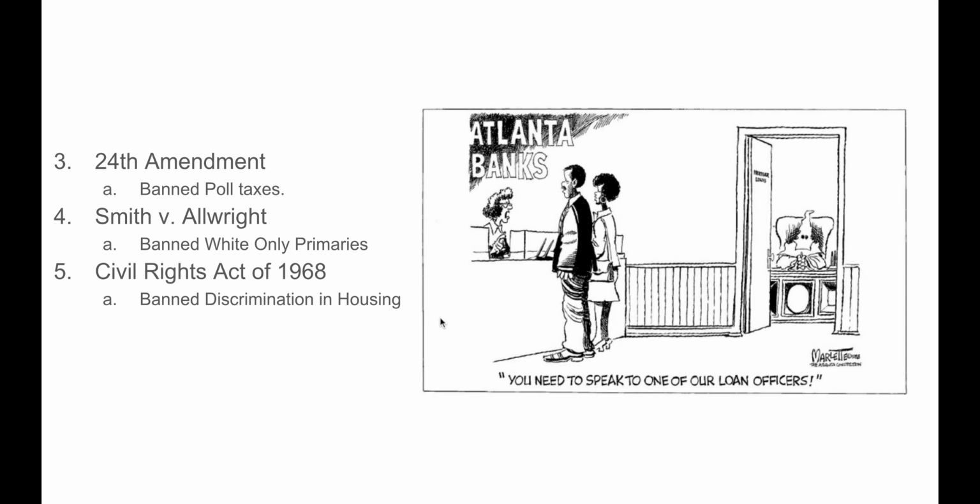Some other things, though: you have the 24th Amendment that specifically banned poll taxes. Smith versus Allwright banned the white-only primaries, and the Civil Rights Act of 1968 banned discrimination in housing. All of these are also very important to know for the context of the gains made by the Civil Rights Movement.